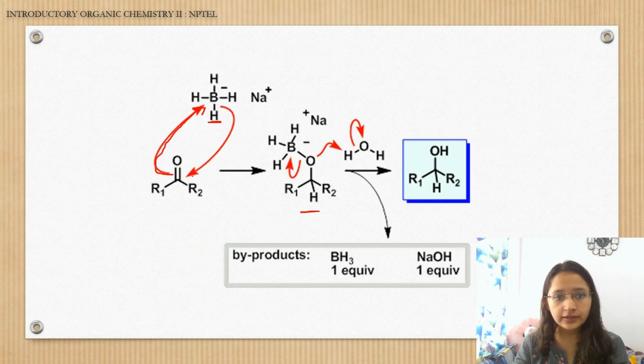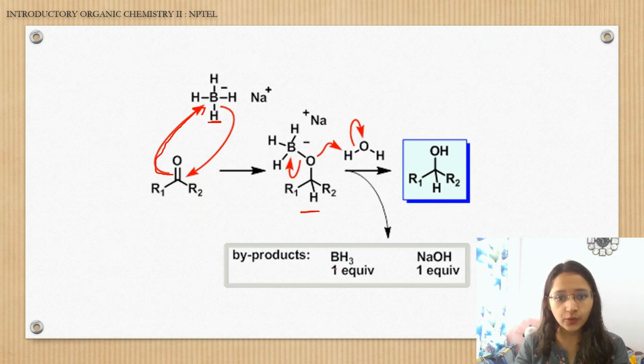Here the H is going to attach with this carbon, and oxygen is attacking this particular boron, so BH3 is getting connected here. After hydrolysis, it will take up hydrogen from here, and this boron species is getting eliminated.